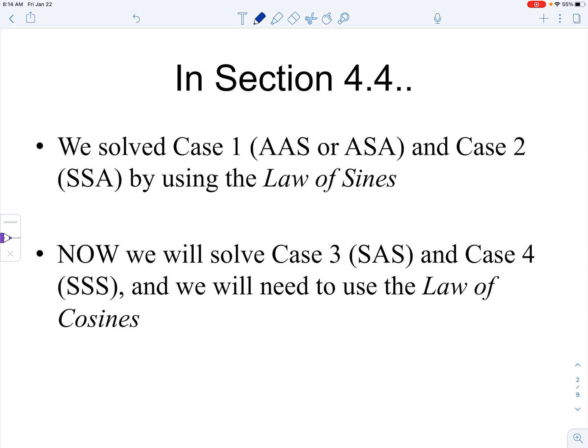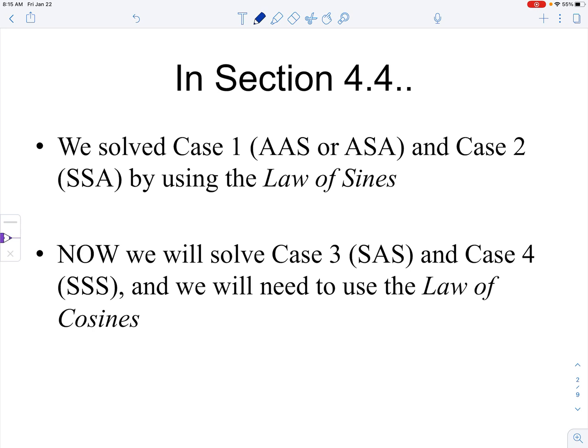So remember, in section 4.4, we used the law of sines in order to solve what we referred to as case 1 and case 2, which are the names we put to the different cases when you're given certain information about a triangle.